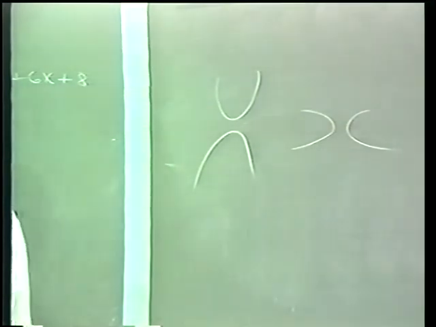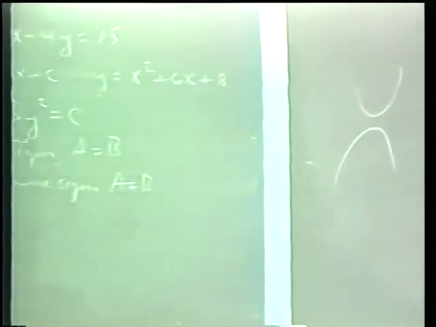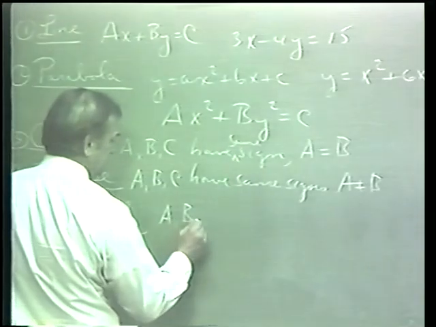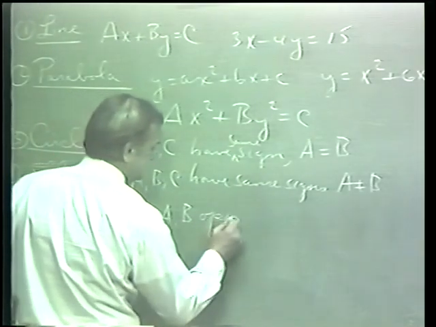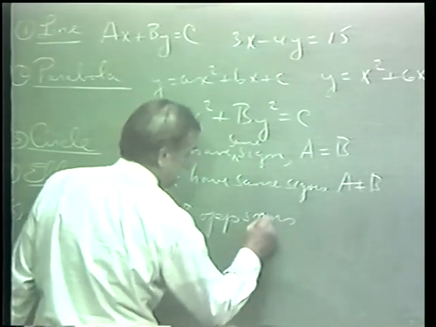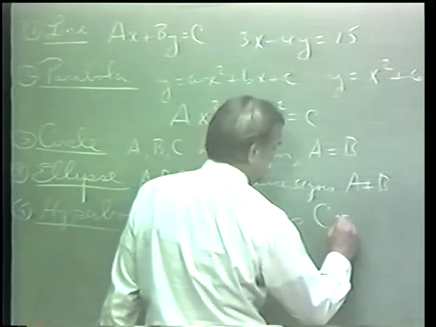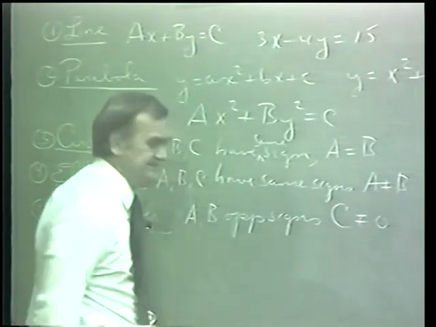Now, when do you have a hyperbola? Well, A and B have opposite signs, and C does not equal 0.